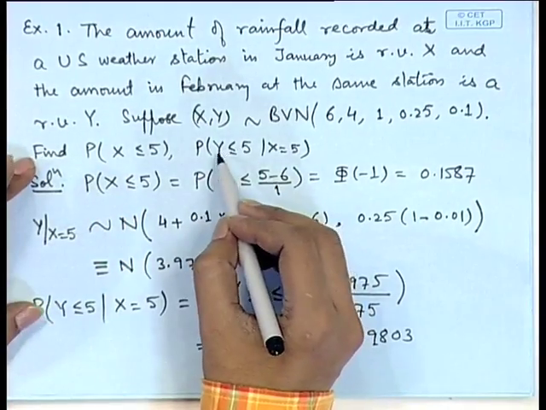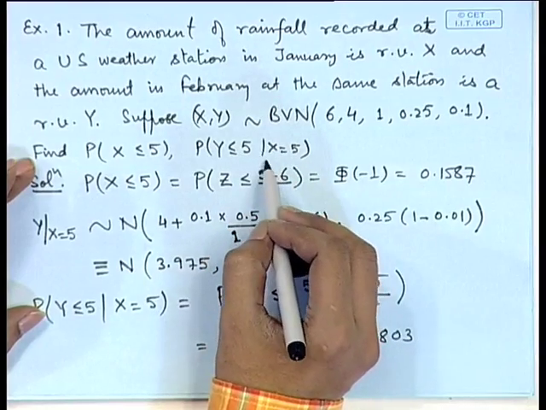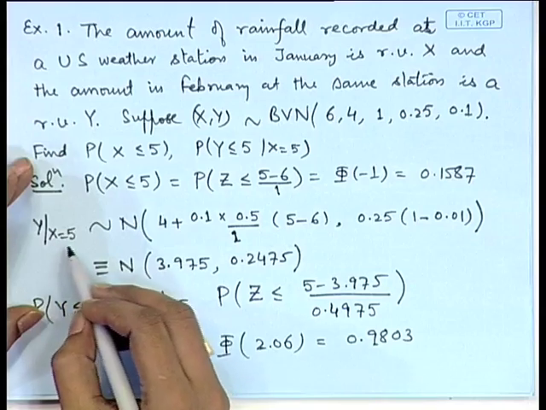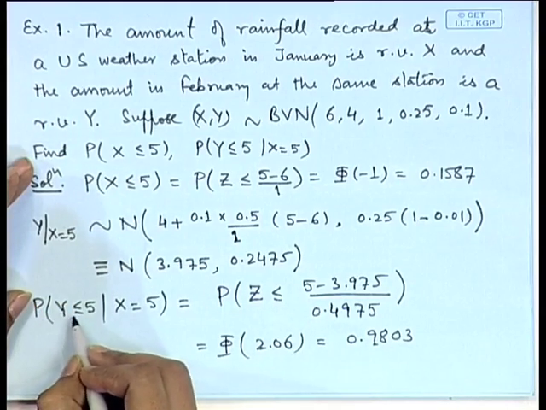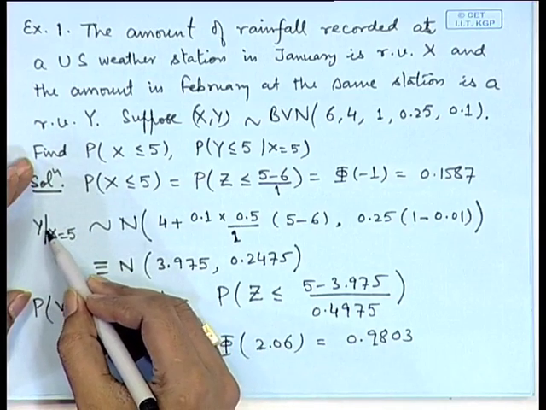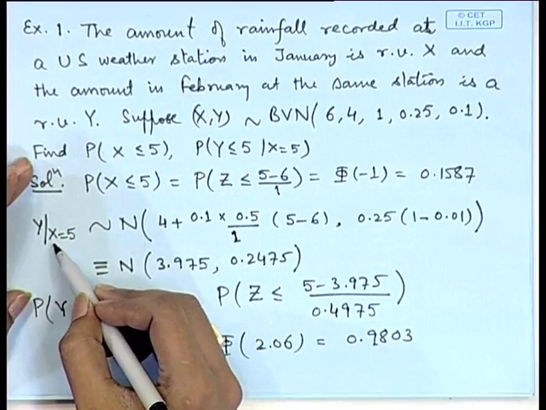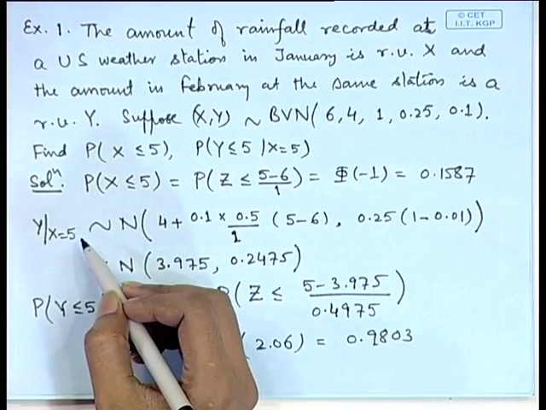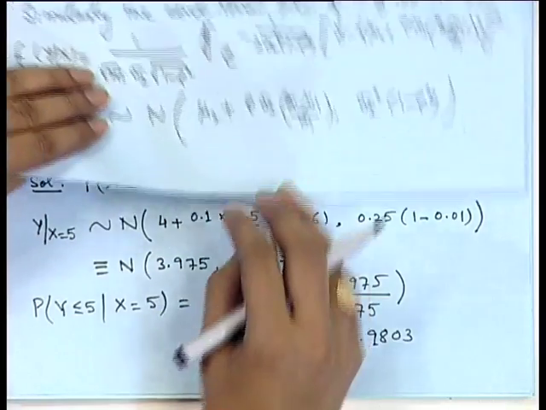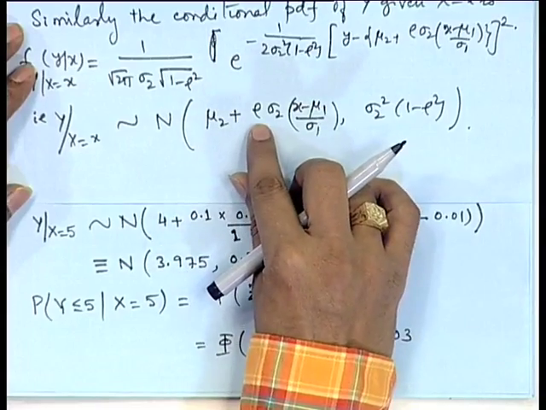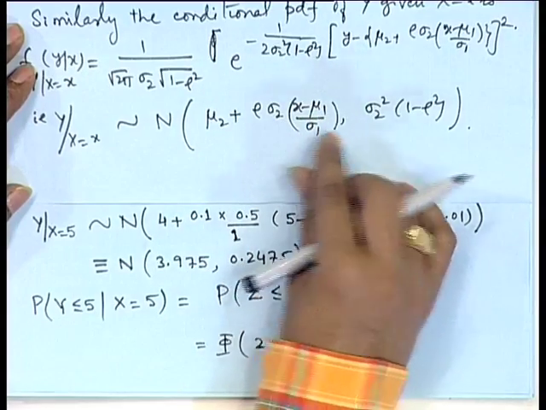Suppose we are interested in the probability of y less than or equal to 5, given that in January the rainfall is 5. So, we need the conditional probability of y less than or equal to 5 given x equal to 5. For this, we first calculate the conditional distribution of y given x equal to 5. The conditional distribution of y given x is normal with mean mu 2 plus rho sigma 2 (x minus mu 1) by sigma 1.